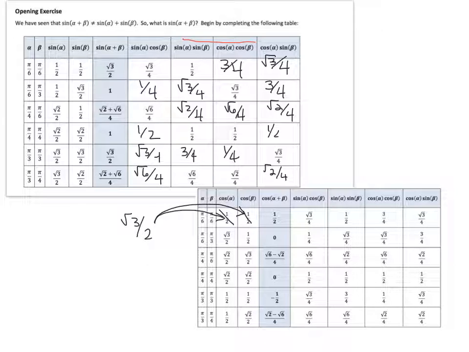Just looking for some patterns, if I have sine alpha, sine beta, I can add these two angles together to give me all of these values, or I can just take, for instance, sine alpha times cosine beta, which is 1/2 times square root of 3 over 2, giving me square root of 3 over 4. So what do we see here? We're looking for a pattern.